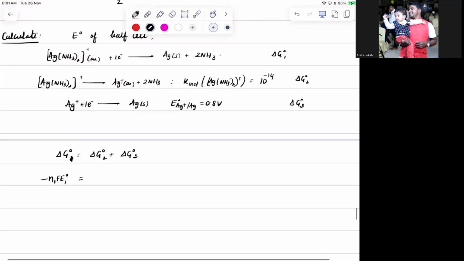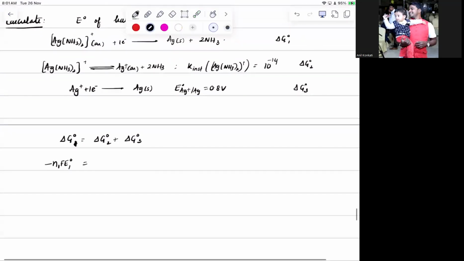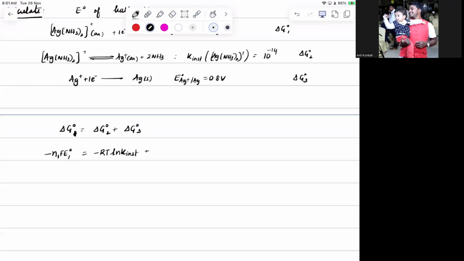Delta G naught 2 is about the equilibrium here, and this equilibrium will be in the forward direction. The forward direction, we read it as instability. So we read it as minus RT ln K instability, plus minus N3 F E naught 3.